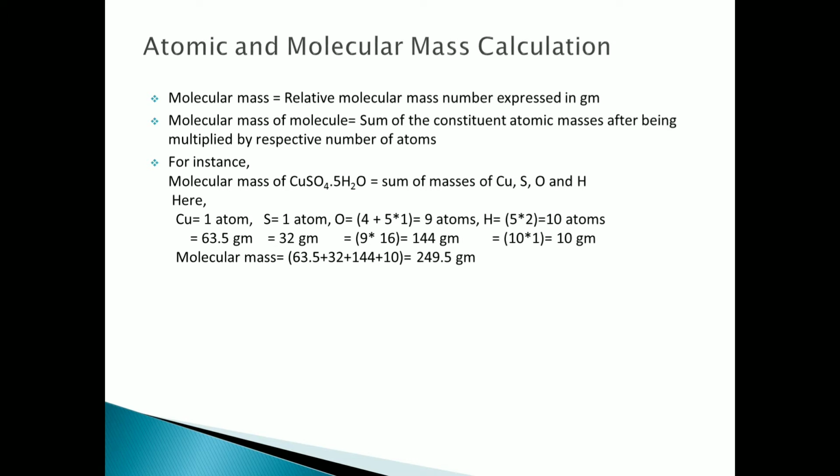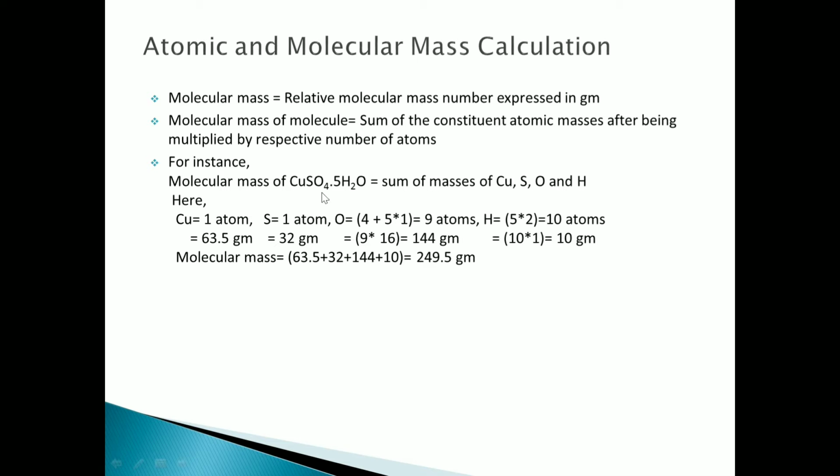Here, the number of copper atoms, as we can see, is 1, and its atomic mass is 63.5 gram, and the next atom, which is sulfur atom, is 1 in number and its atomic mass is 32 gram. Then here we have oxygen atom.